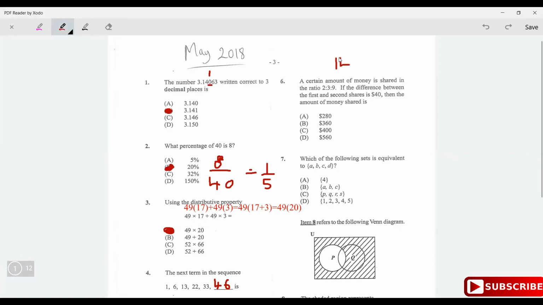And so the second share is 3 over 14 minus the first share is 2 over 14. And so the difference between the second and the first share is 1 over 14. And so what that means is 1 over 14 times the total amount of money, x, equals 40.